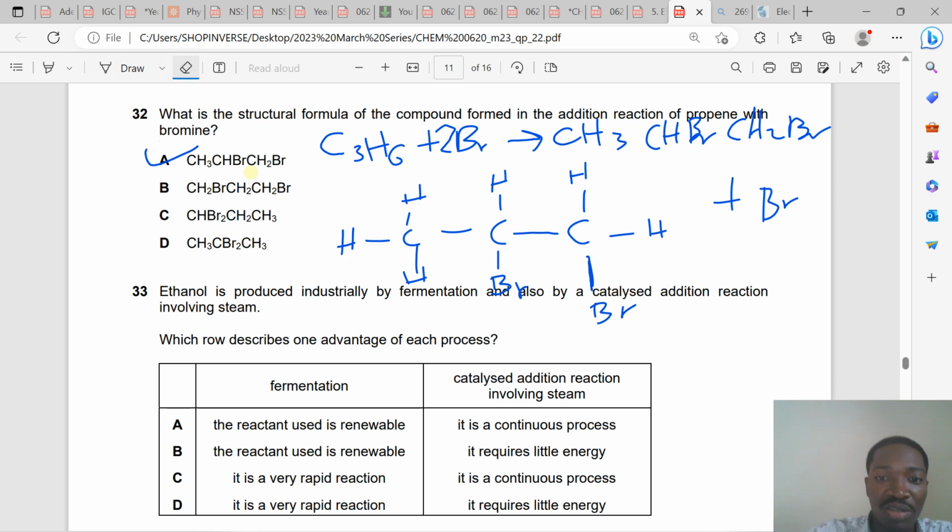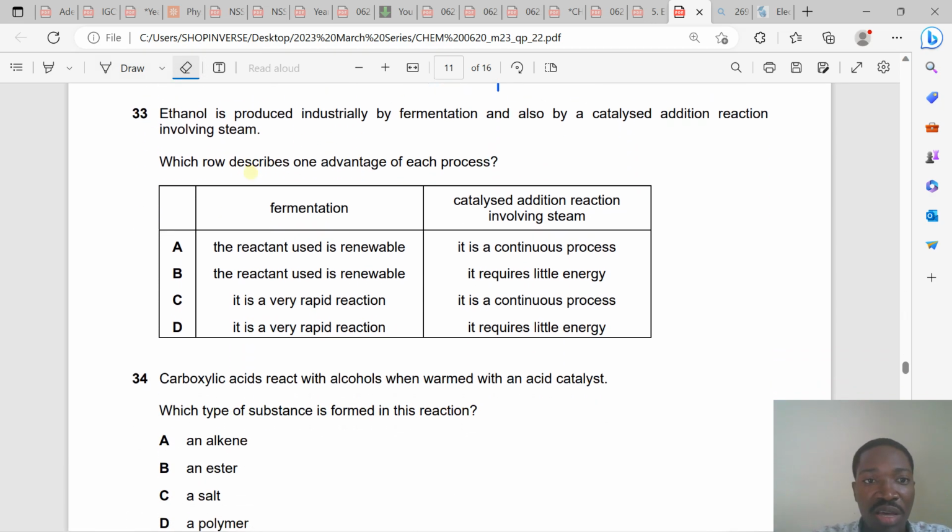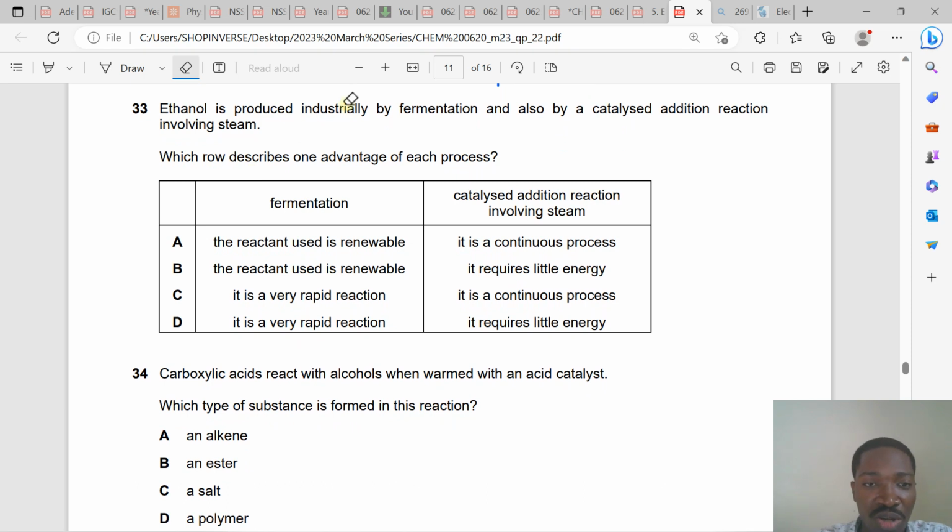We go straight to question 33. Number 33 says, ethanol is produced industrially by fermentation and also by catalyzed addition reaction involving steam. Which row describes one advantage of each process? Fermentation is a biological process. Then also catalyzed addition involving steam.